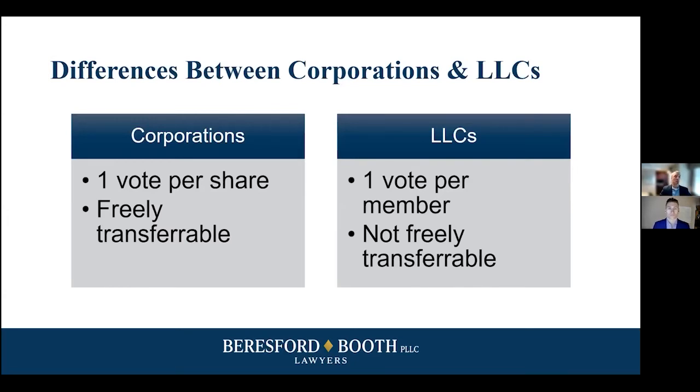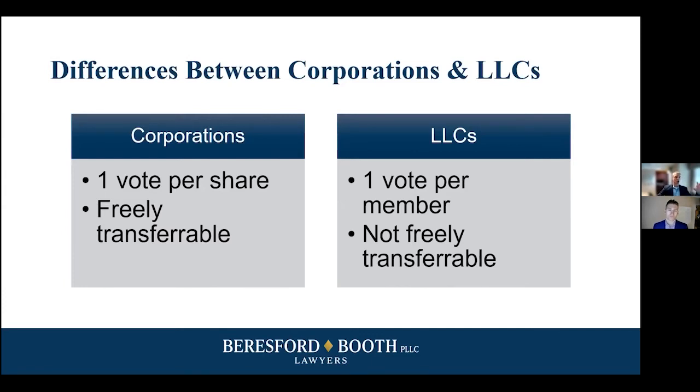Well, in that case, there could be a deadlock. And understand, when I say deadlock, I mean we don't have enough votes to say yes. We don't have enough votes to say no, because you said no with 50, I said yes with 50. We're stuck, right? And it doesn't matter what we're voting on.